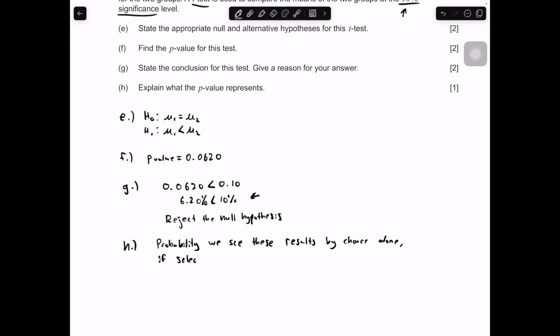You're selecting two independent samples, so just random samples of individuals on the street, so long as they're random samples. Essentially, 6.2% we see these results just based on chance alone.